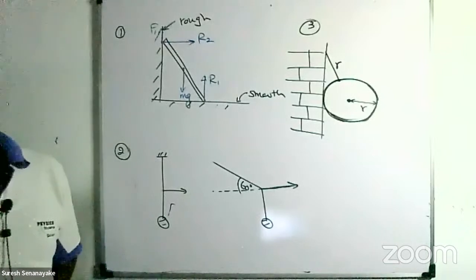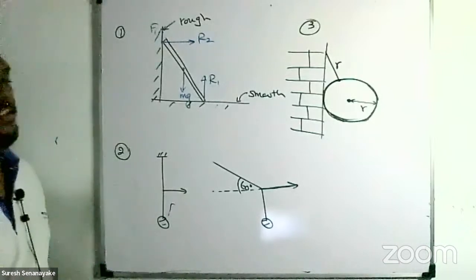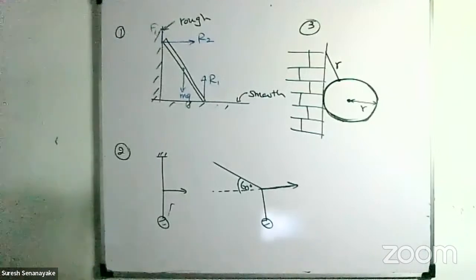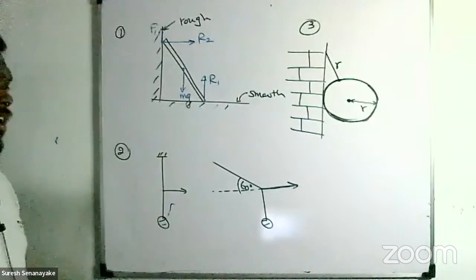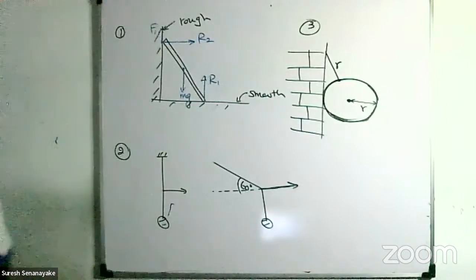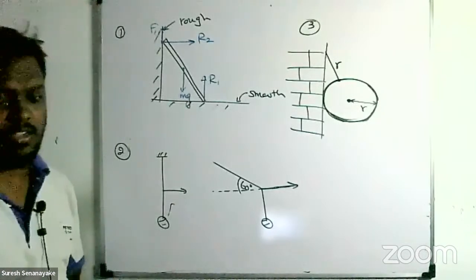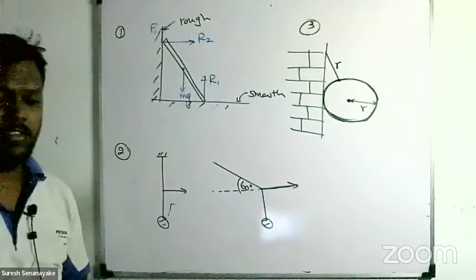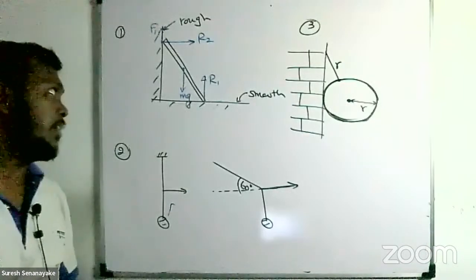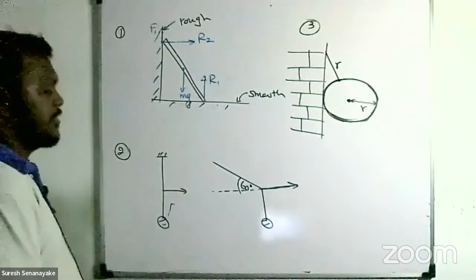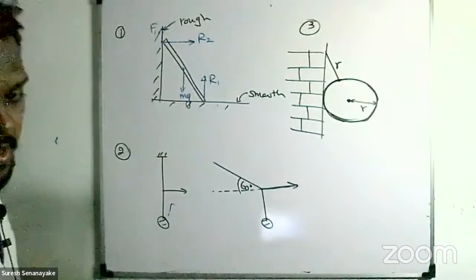Or you can write: there are no other forces to balance R2. Therefore, the horizontal forces are not balanced, so the ladder cannot be in equilibrium in this position. Right? I explained this, right?